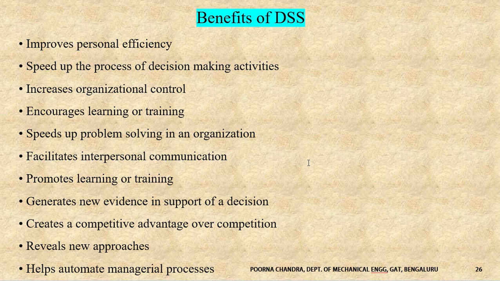At each and every stage, a decision can be taken to solve the problem in the organization. It facilitates interpersonal communication, generates new evidence in support of a decision, creates a competitive advantage over competition, reveals new approaches, and helps automate managerial processes. So these are the major benefits of DSS.